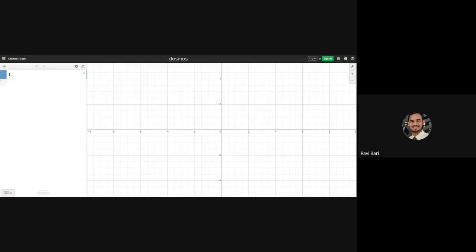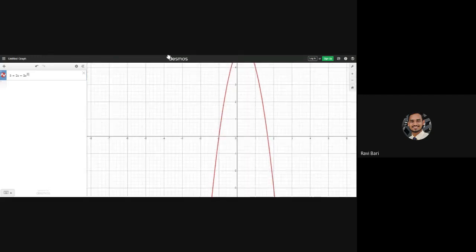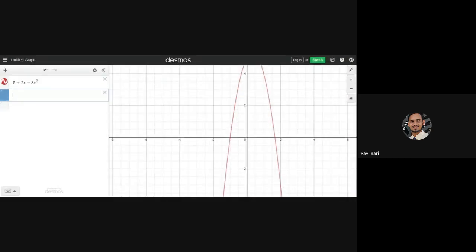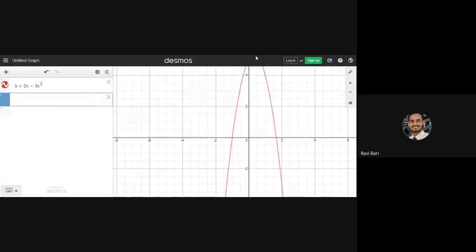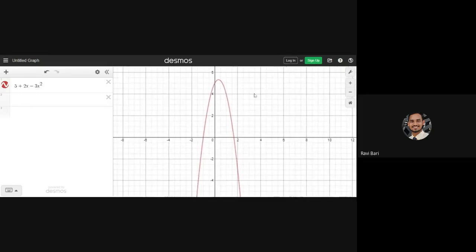We have 5 plus 2x minus 3x square. This is the graph of your demand function, this red color graph.